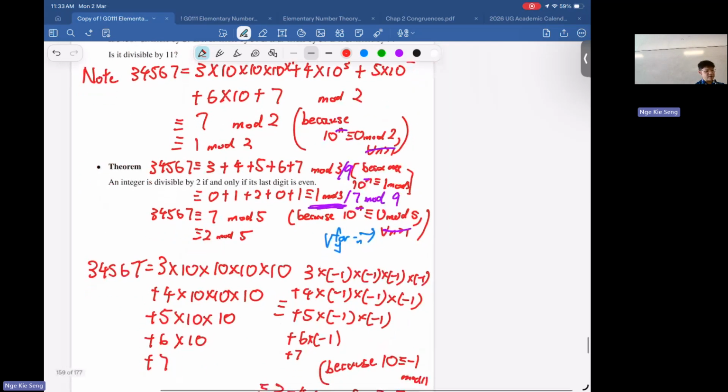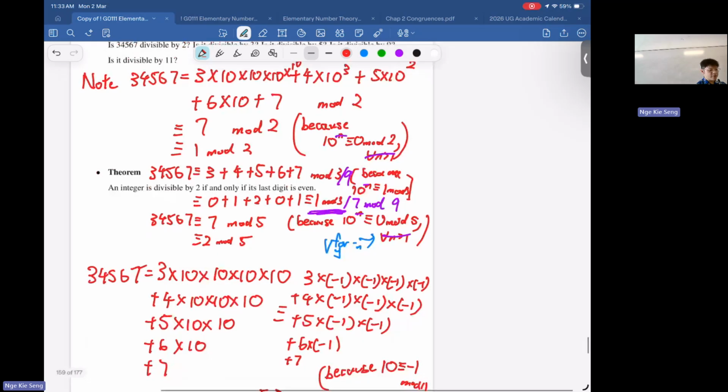Something I want you to observe here: if it is mod 2, what number is significant? The last digit is significant. Whatever happened before is not important. This matches our intuition: only even numbers are divisible by 2.